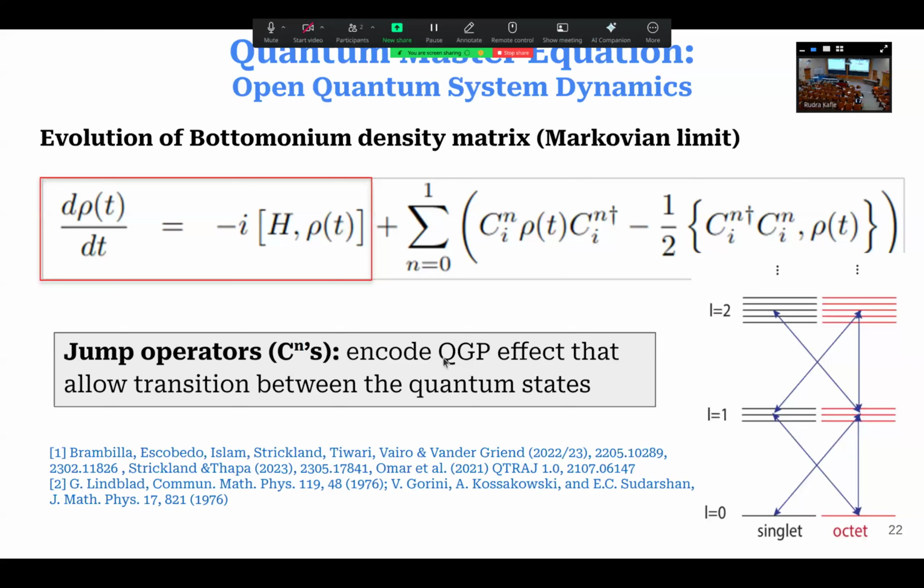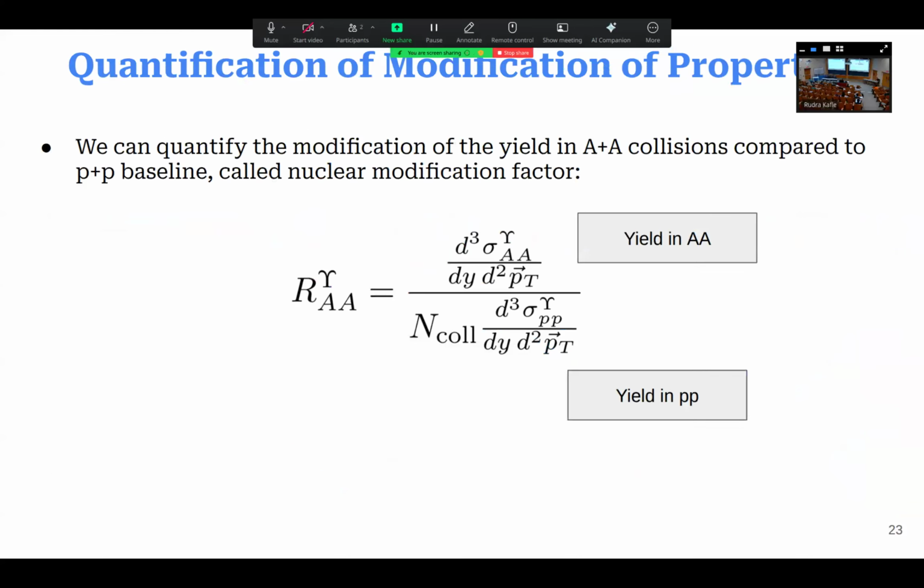And here, Quarkonia is just one example of a quantum system. This equation can be used to model any other systems. For example, qubits in a quantum computer can be modeled using this formalism, right? Why? Because the qubits are not always isolated, they experience noise, and that's why we cannot perform ideal quantum computation, because of this interaction with the environment.